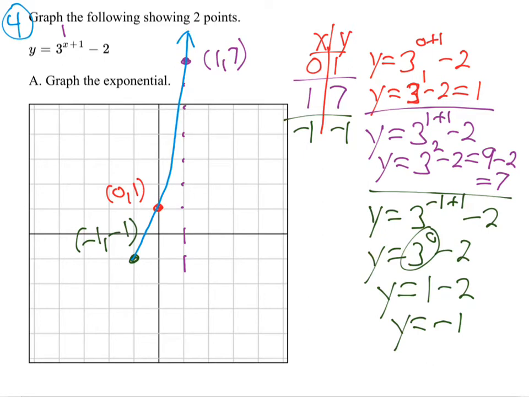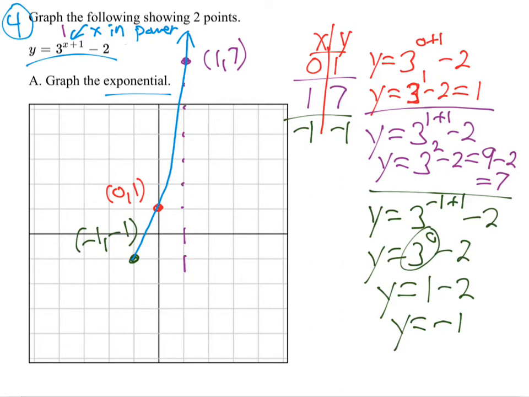Now remember, this is an exponential graph, right? The x is in the power, so that means it's exponential. Yeah, they say it right there, exponential. So those always launch on one side and flatten out on the other. So if it launches here on the right side, it must flatten out on the left side.